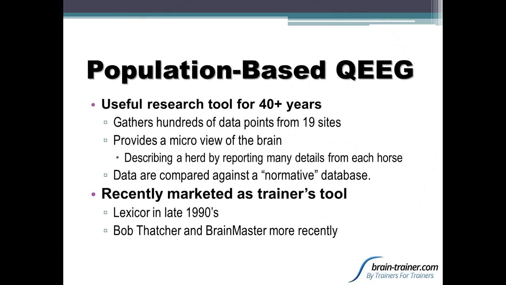Bob Thatcher and Brainmaster in the last 5 or 8 years began something along the same lines, but with a lot better marketing, a lot more talk about how scientific it is, and using the normative databases, which Thatcher developed back in the 80s, that allows people to essentially look at the Z-scores, but then they developed the idea of actually training the Z-scores.